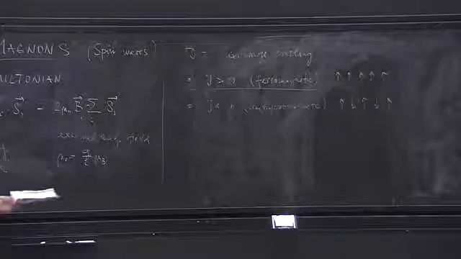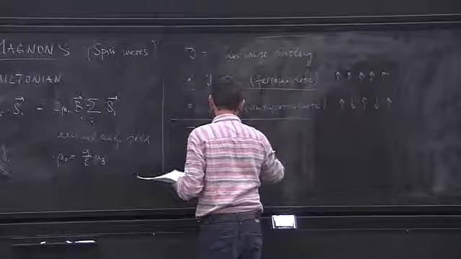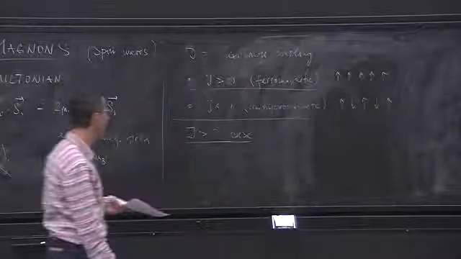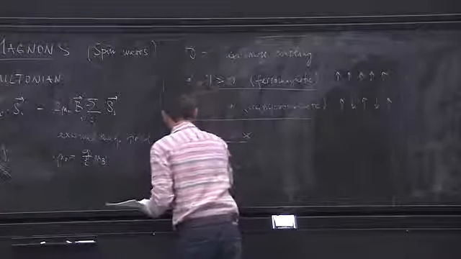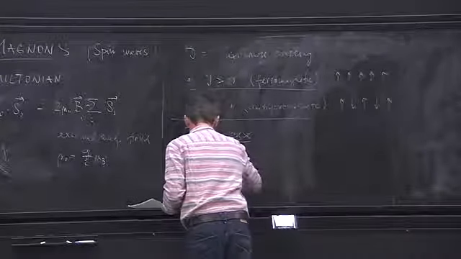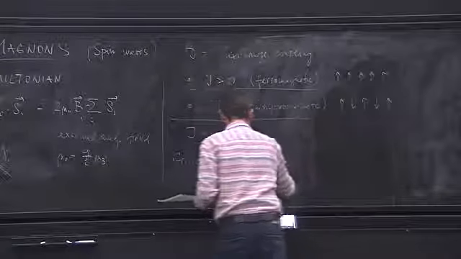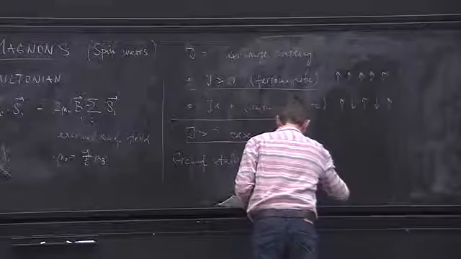So let's discuss the J greater than 0 case, namely ferromagnetic. In this case, the ground state is just a ferromagnet. Namely, all the spins in the lattice are aligned.